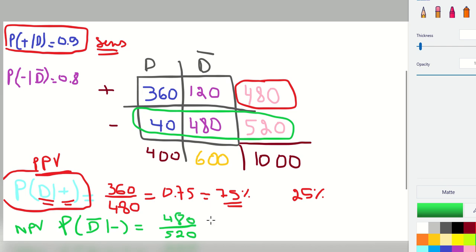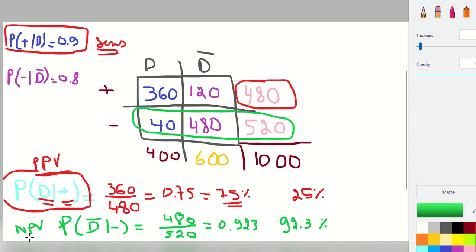So 480 divided by 520 is 0.923. That's 92.3%. Okay, so what does that mean?